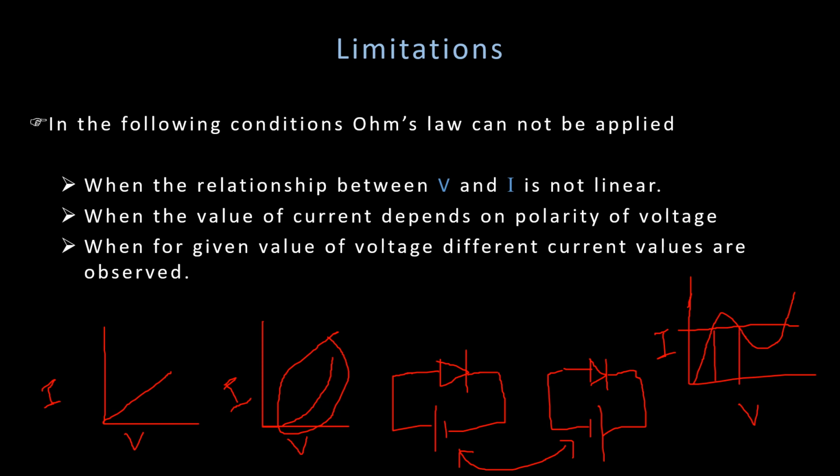Now this is possible, single current, different voltage. This is possible with a thermistor kind of component. Okay, and so again to such a component Ohm's law is not applicable. Okay, so be careful. You cannot apply Ohm's law for these three conditions, and these are called limitations of Ohm's law.